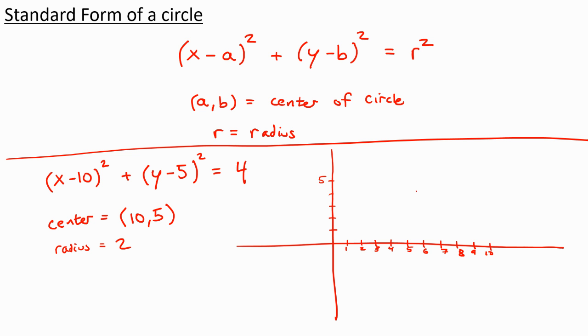So at (10, 5), over 10, up 5, right here, assuming I'm at those right measures, there's my center. And the radius is 2 units. So that means 2 to the left, 2 down. Maybe my units are off. Looks like they are. 2 to the right, and then 2 above.